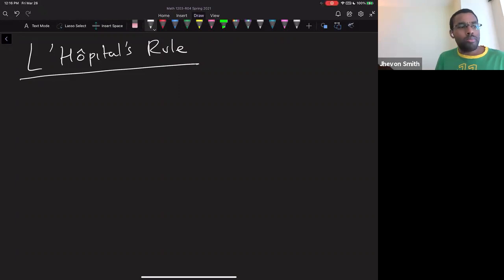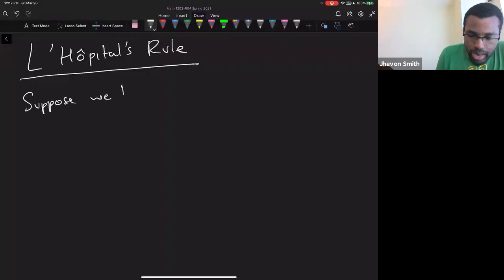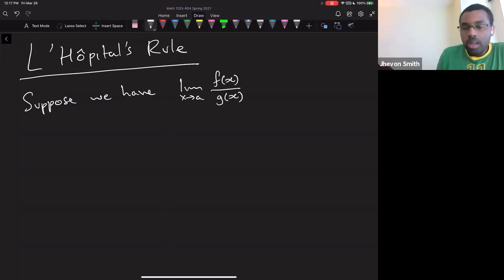Yeah, L'Hopital's rule. Okay, suppose we have the limit as x approaches a of f of x divided by g of x. So you have a limit of a division, right? One function divided by another.